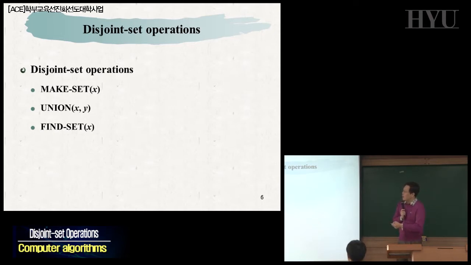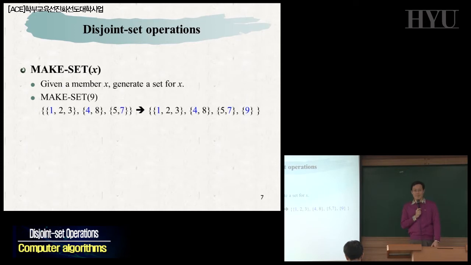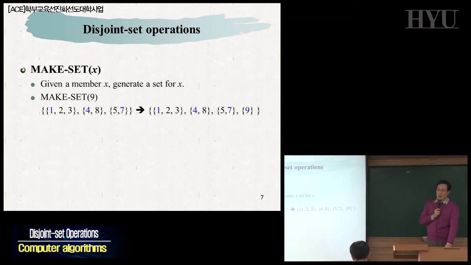So these 3 operations are major disjoint set operations: make set, union, and find set. These input parameters are set elements. Let me explain them one by one. Make set of X is like this.